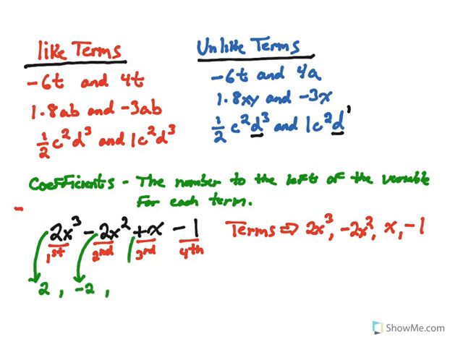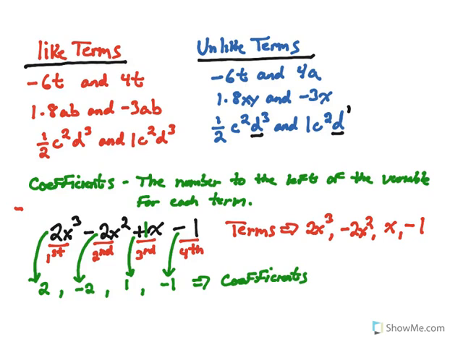And then this one is going to be a 1, there's an imaginary 1 in front of that x. And then this is a coefficient, even though it's a constant, but it's still a coefficient. And those are the 4 coefficients. So your coefficients would be 2, -2, 1, and -1.